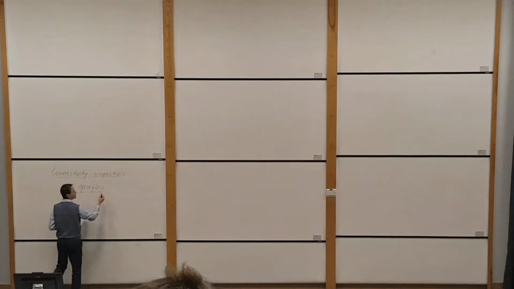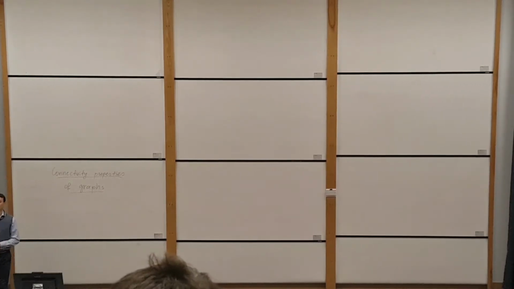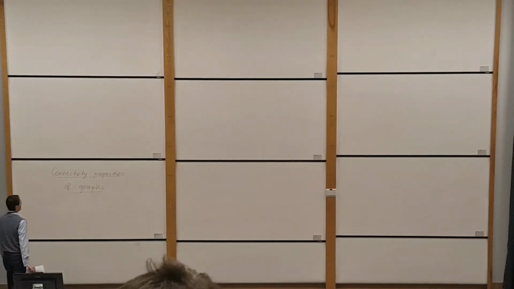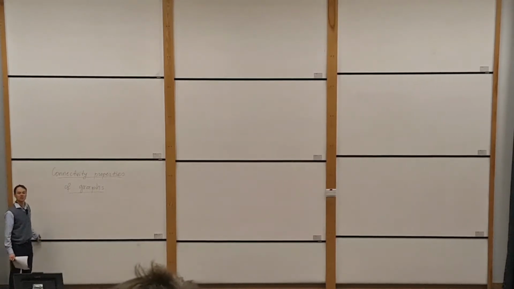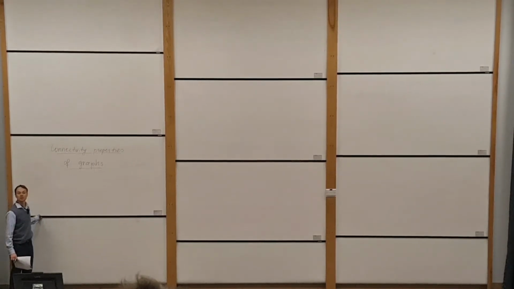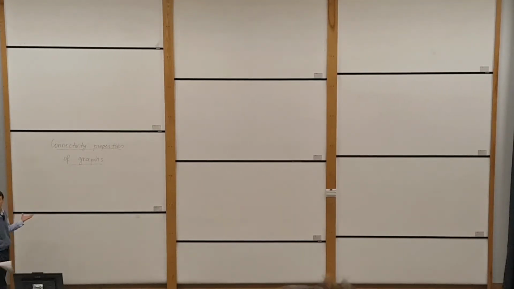In the last lecture, we defined connected components, and I formulated the general theorem which says that any graph can always be represented as a union of connected components. And the number of connected components is one characteristic of the connectivity properties, right? So we can write this down.